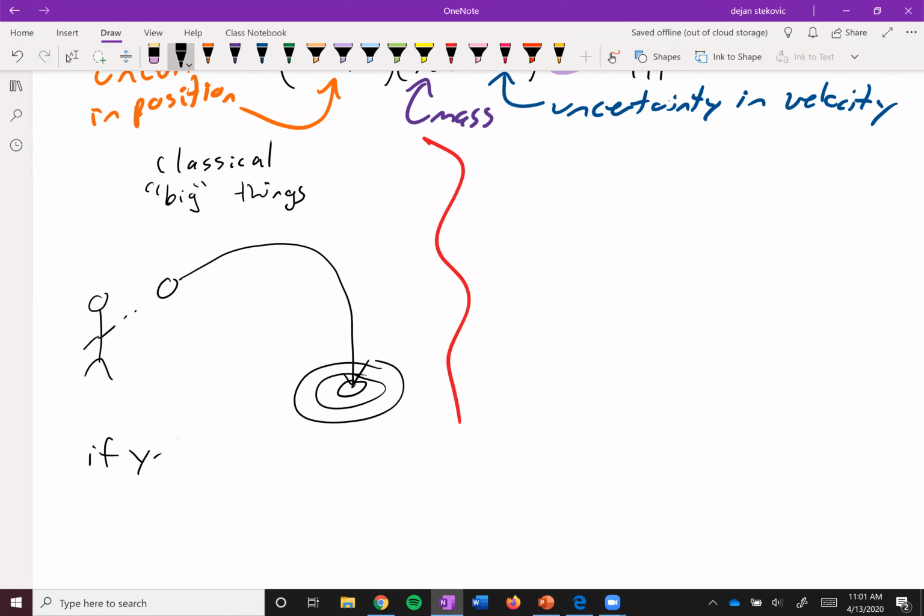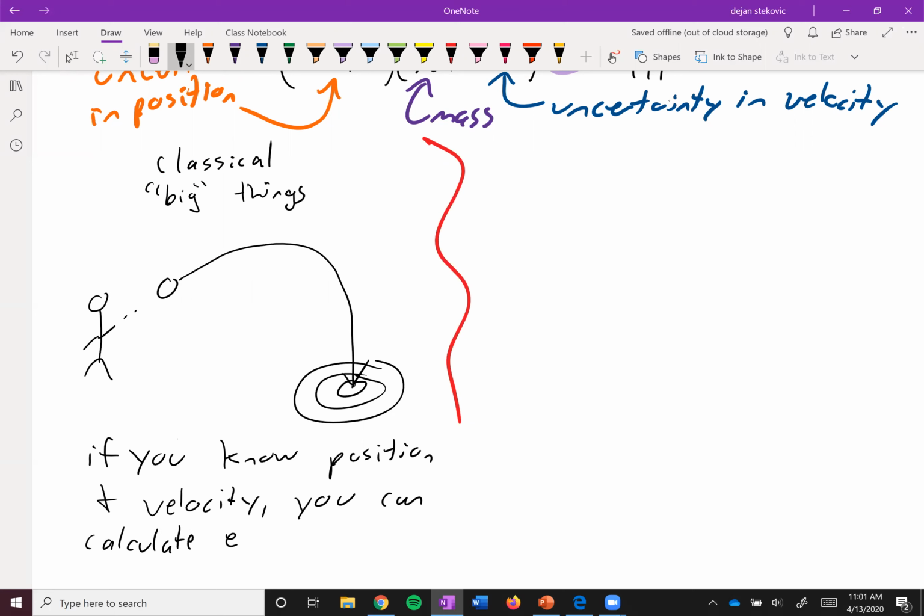Well, if you know the position and velocity, you can calculate exactly where it's going to end up.